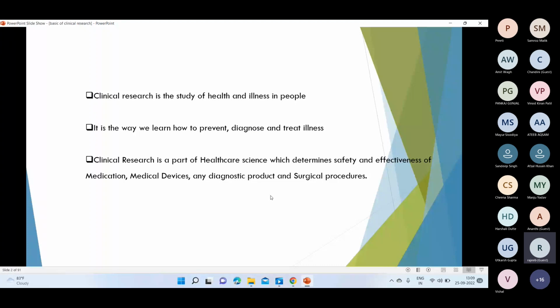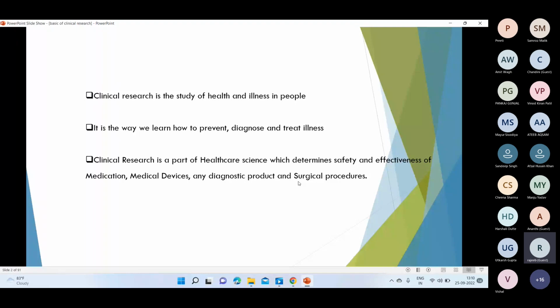Healthcare science is a big umbrella, and clinical research is a part of that big umbrella, which determines the safety and effectiveness of the medication, meaning drugs, the medical devices such as pacemaker, etc., or any diagnostic product and surgical procedures. So in clinical research, we determine the safety and effectiveness of medication, medical devices, any diagnostic products, and any surgical procedures or operations.